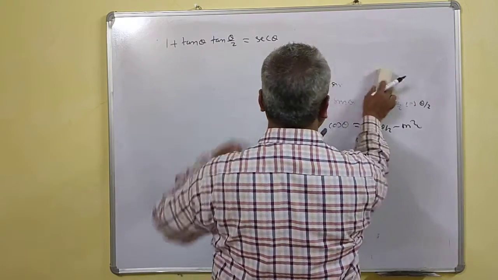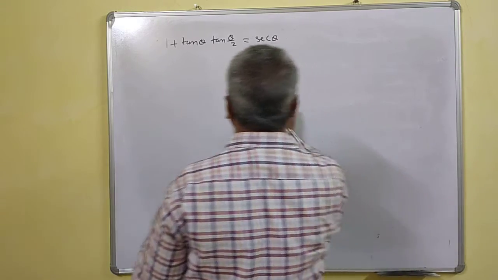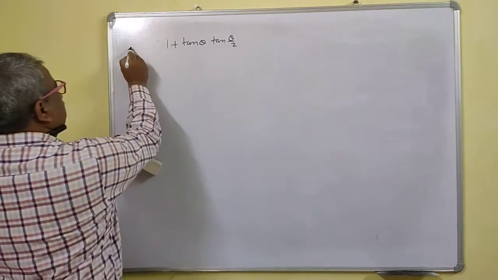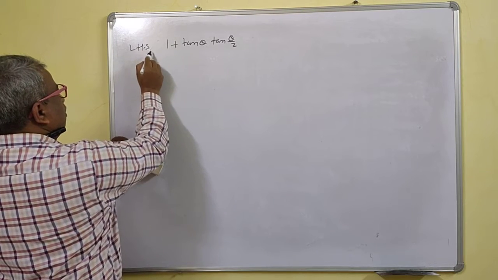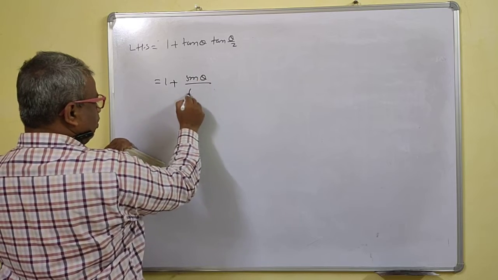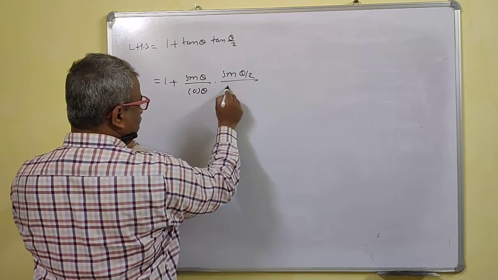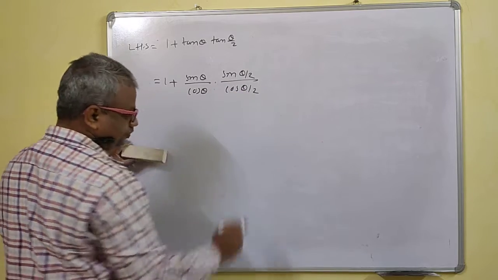Here tan theta by 2 is there, so we'll take LHS now. So 1 plus tan theta by 2, which is sin theta by 2 upon cos theta by 2.